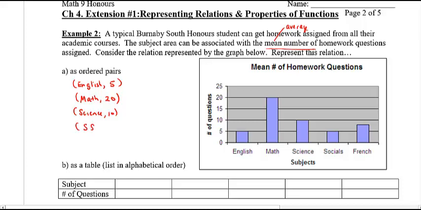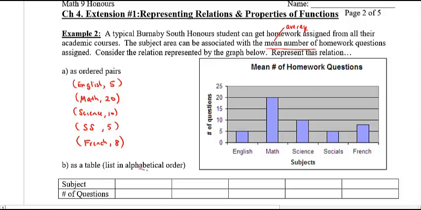The social studies teacher gives us 5. And then the French honors teacher gives us maybe 8. So there is an example of your ordered pair. Once again, the subject, since it's on the horizontal axis, is the first element. And then the y-axis, the number of questions, becomes your second element.